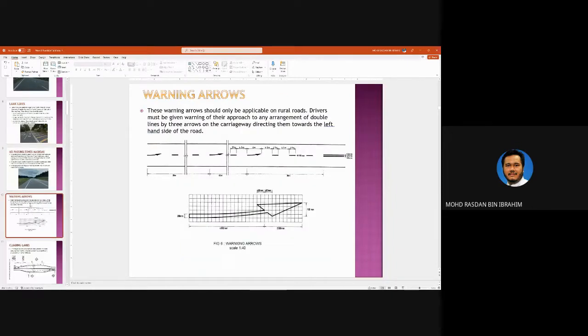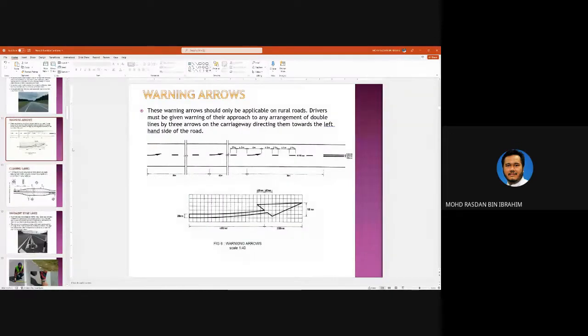Warning arrows, I'm not sure, I don't have any example pictures. What these arrows mean is that they are used to warn you when you are approaching double line areas. So you are driving on this side and you see these arrows in the middle, in the center line.